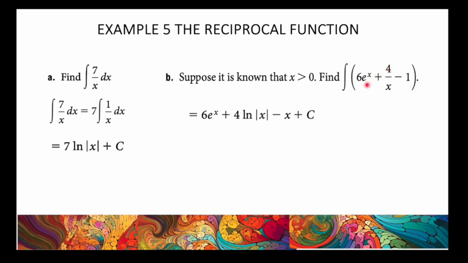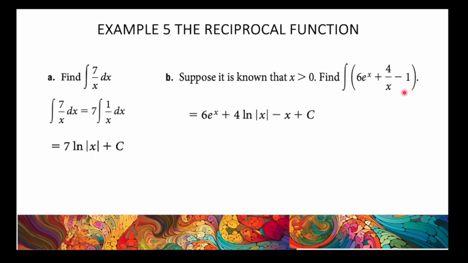Now, this is like saying 4 times 1 over x, and we just talked about it, that the antiderivative of 1 over x is the natural log of x. So we write this as the natural log of x, and we put the 4 in front. And now we have a constant that we need to take the antiderivative of.